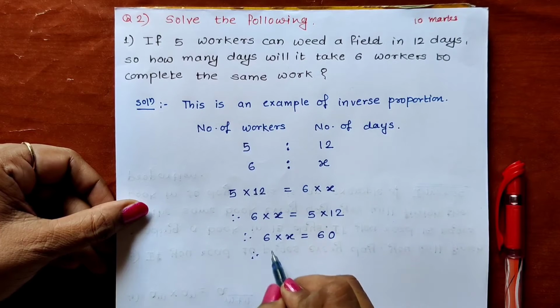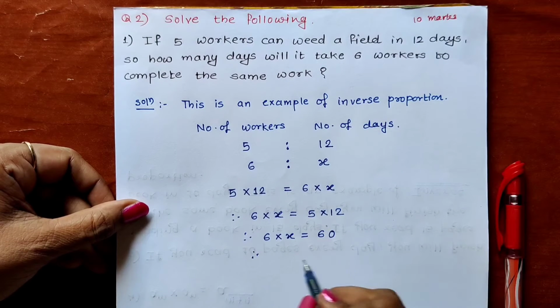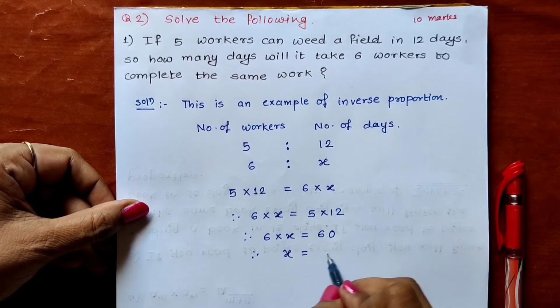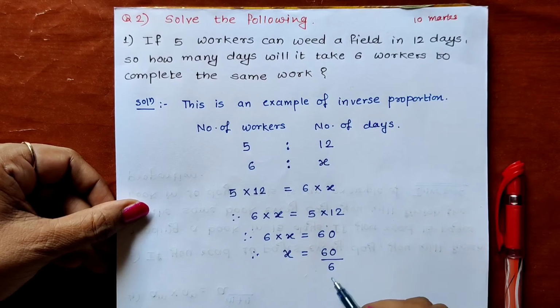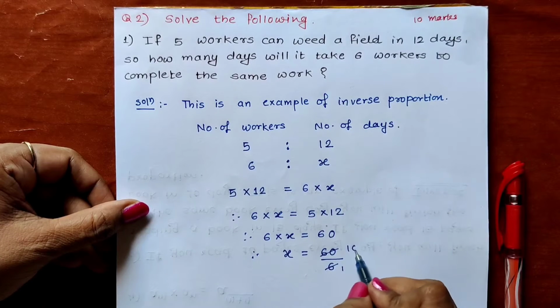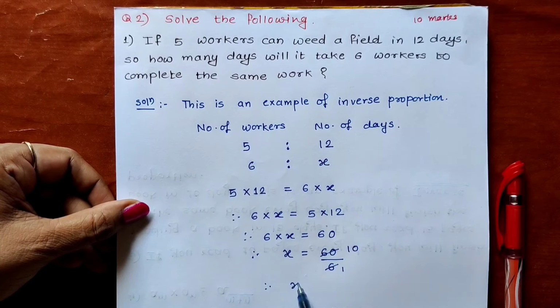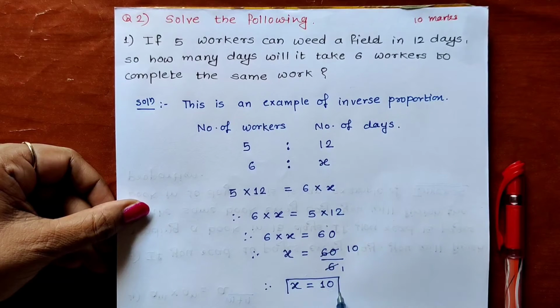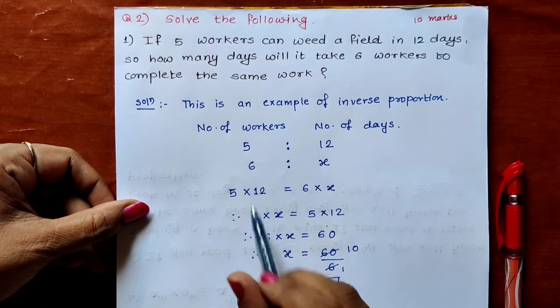Now this 6 we bring to the right hand side. X as it is we write, 60 as it is we write. This 6 brought to the right hand side becomes divided by 6. So 6 ones are 6, 6 tens are 60. X is equal to 10. This X we have taken for the number of days for 6 workers.